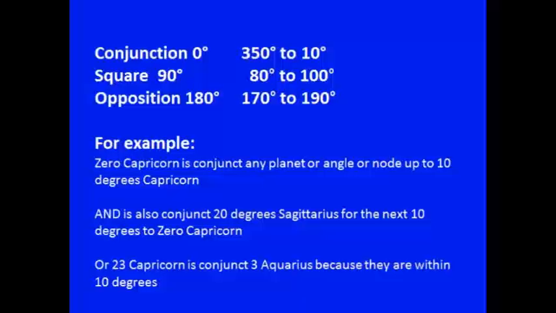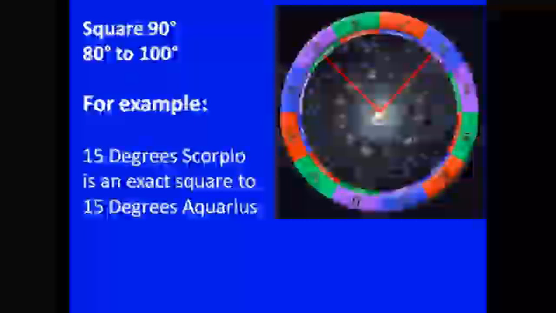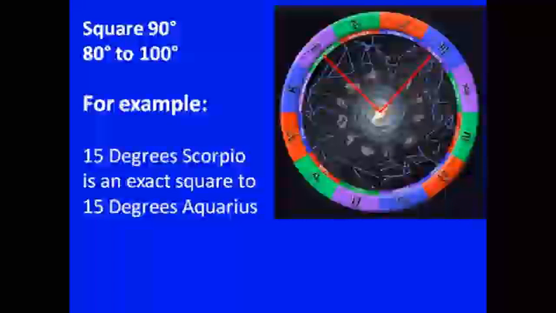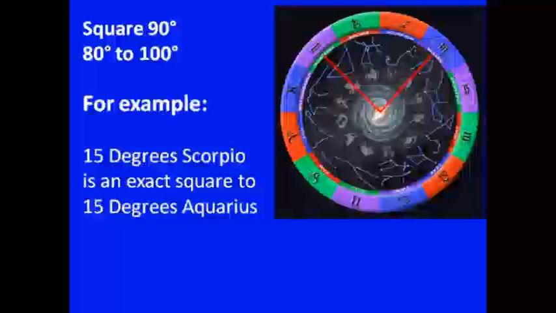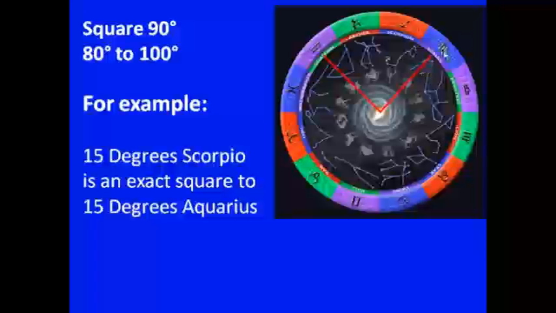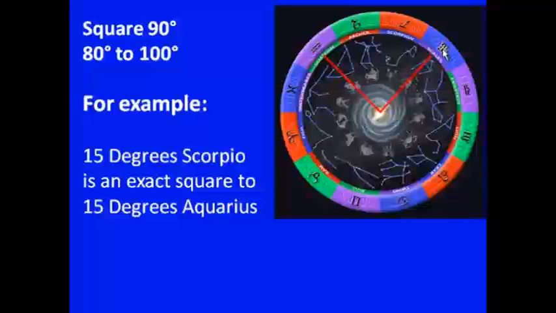So let's look at what a square looks like. That's a 90-degree angle. For example, if a planet was at 15 Scorpio, right in the middle of the sign of Scorpio, and another planet was at 15 Aquarius, they would be in an exact 90-degree angle, exactly square.